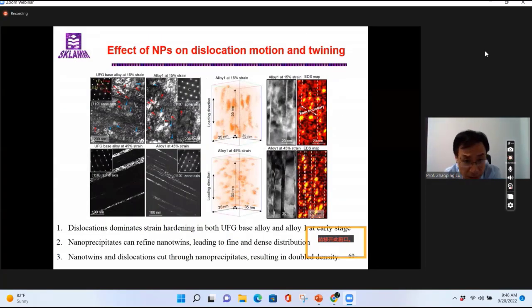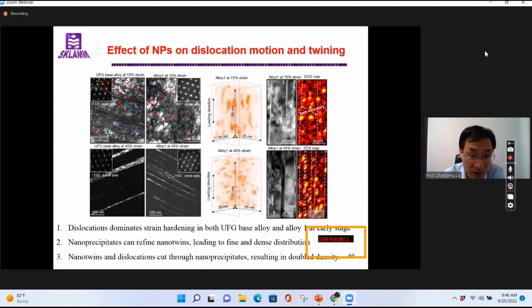The nanoprecipitates do not pin the dislocation movement and twinning. In the sample, still at the early stage of deformation, the dislocation still dominates deformation. And the nanotwins and the dislocations cut through the nanoprecipitates easily, resulting in the double density, actually.